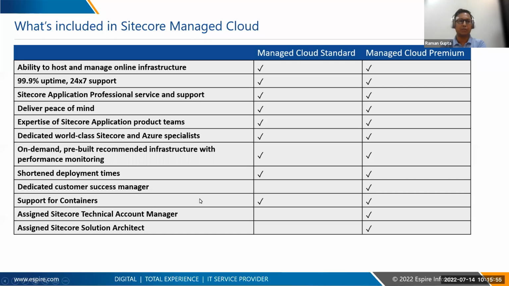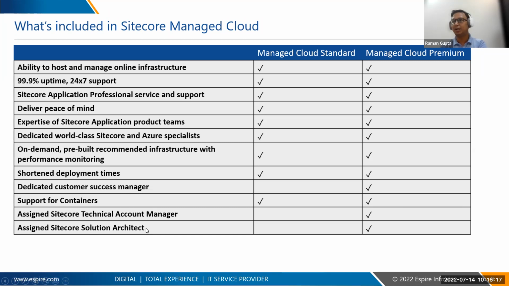As I told, that will get delivered. They will get basically the peace of mind because they are hosting all the infrastructure, and we'll get the expertise from the Sitecore team. The main difference you can see here between standard and premium is that with premium, we will get a dedicated customer success manager, technical account manager, and Sitecore technical architect.